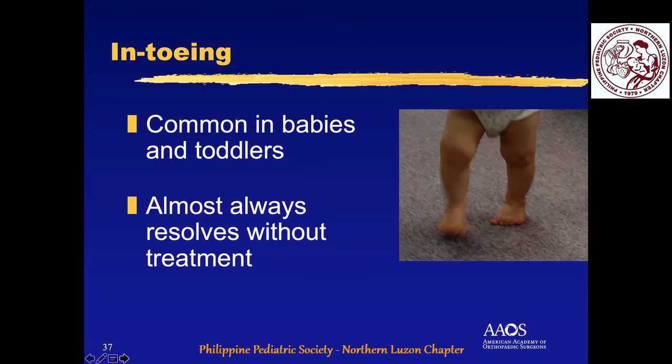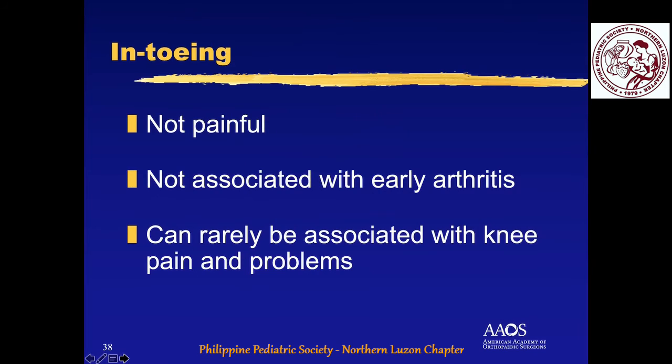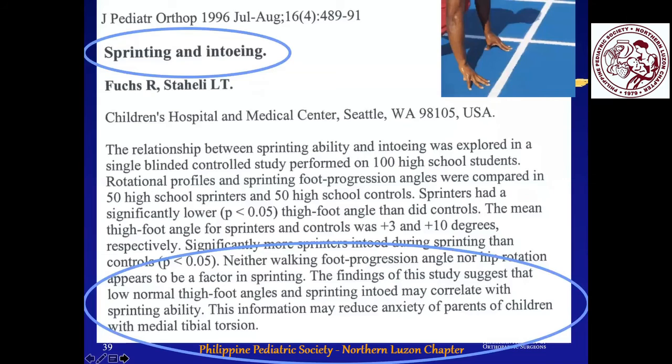Now, when they start to run, they're actually in-toed a little bit as they walk. And then as they grow up, this usually resolves. By itself, it's not painful. It's not associated with arthritis or any other deformity. And rarely, it can be associated with knee pain and problems if it persists beyond the childhood age. This article from the Journal of Pediatric Orthopedics actually hinted that people with in-toeing are faster runners.